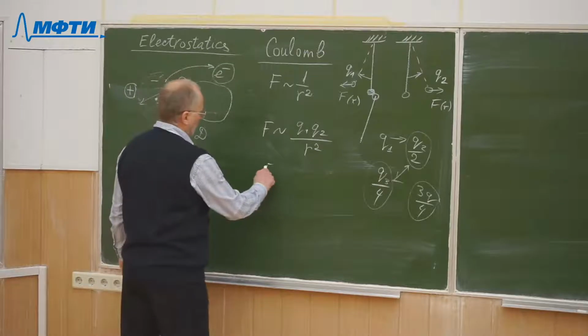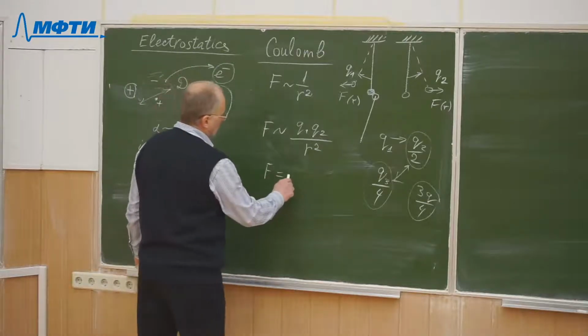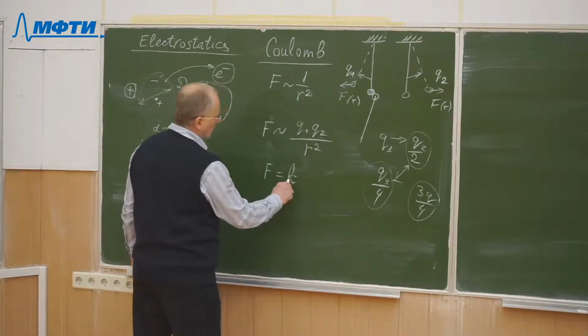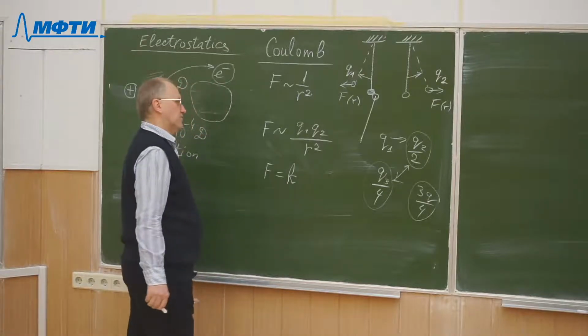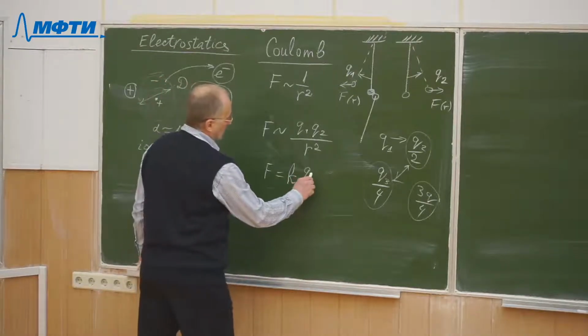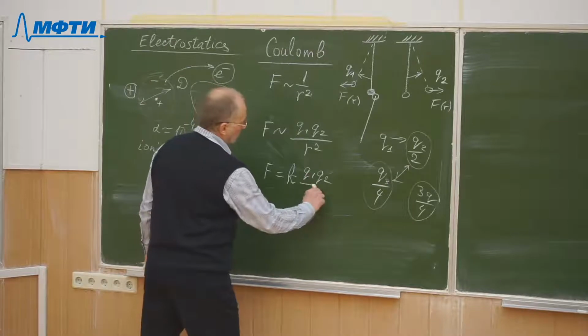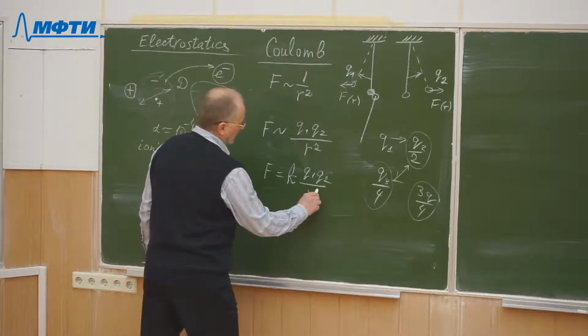So F may be written as some coefficient of proportionality which depends on the units of measurement, and then the product of charges, electric charges, and the distance between the point charges squared.